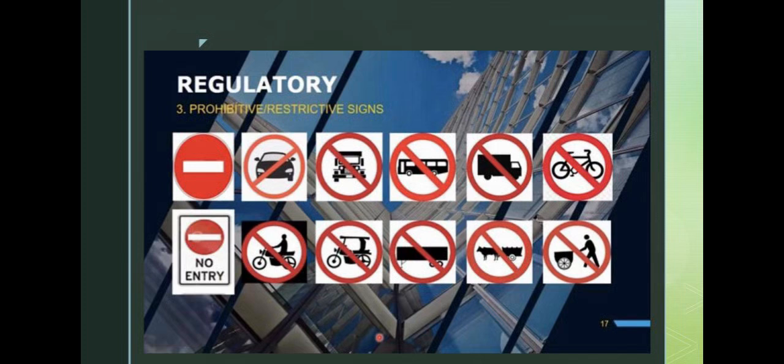Ibig sabihin, pag no entry, bawal pumasok dyan. Kaya nakikita ninyo kapag ganitong sign, ibig sabihin bawal pumasok ang cars, jeep, bus, trucks, tricycle, and others. These are examples of prohibitive or restrictive signs.